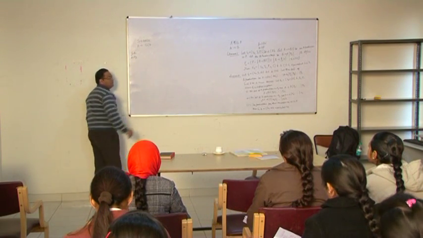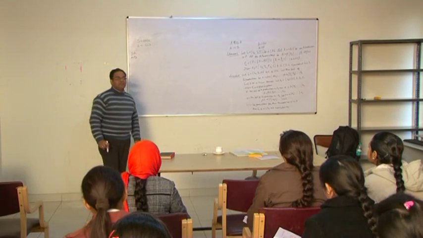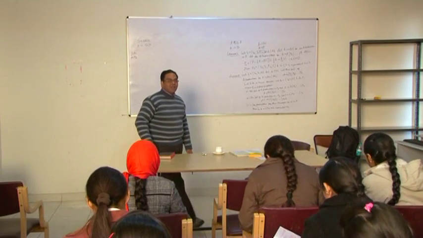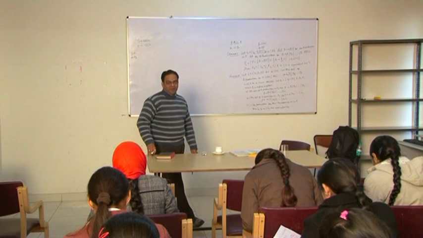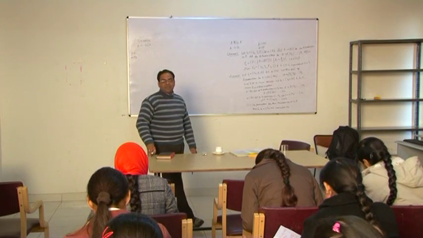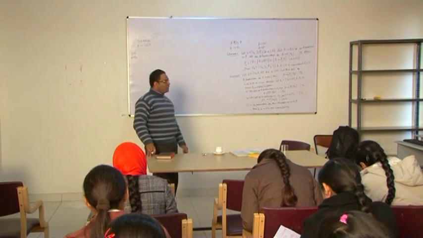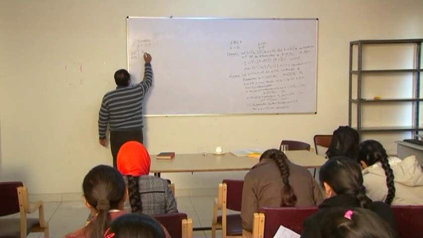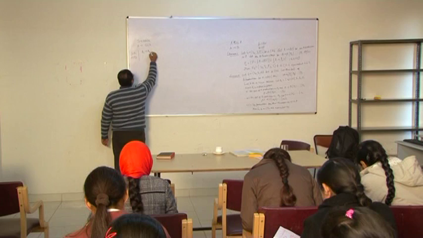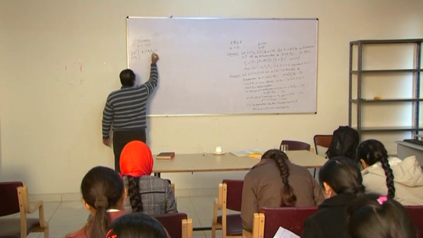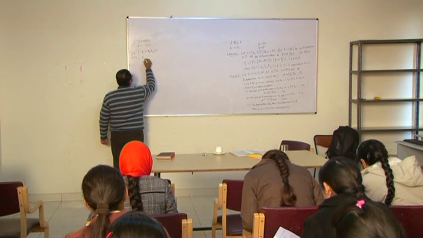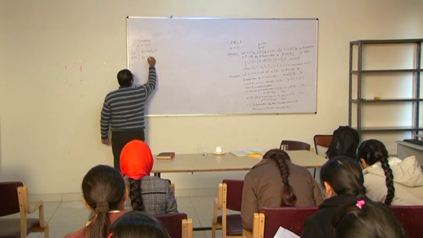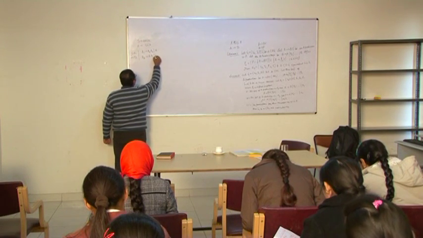We have only two variables, so we start renaming: S renamed to A1 and capital A renamed to A2. So what are the productions that we found now? A1 derives A2 A2 A, and A2 derives A1 A1 B.